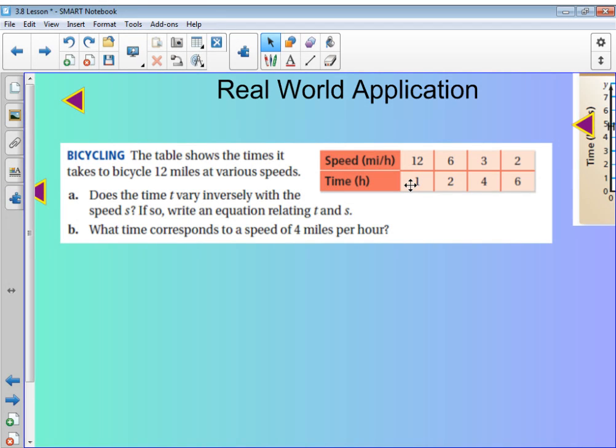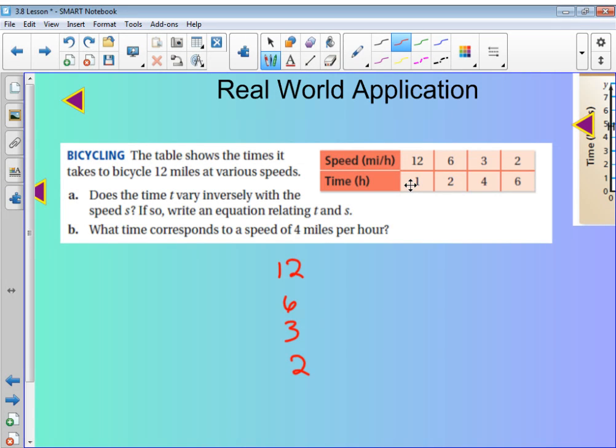So let's go ahead and compare our x's to our y's. I like to look at it in terms of x to y, side by side. So I'm going to just rewrite this table: 12, 6, 3, and then 2.